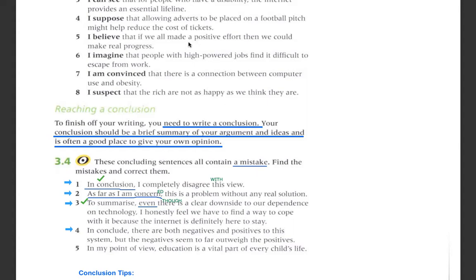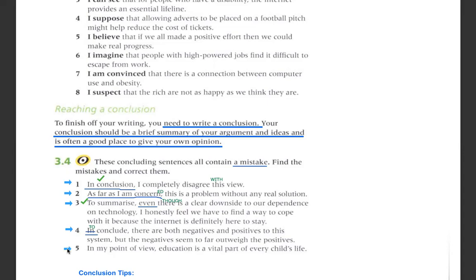Okay, again, we never say in my conclusion. So please don't add the word my in front of the word conclusion. We can say in conclusion, but let's change it because we already have that in number 1. So we can use the phrase to conclude. So either in conclusion or to conclude.